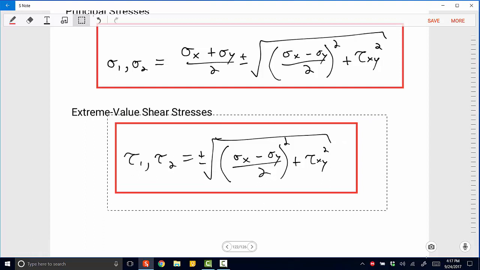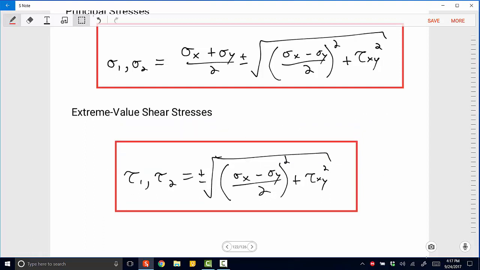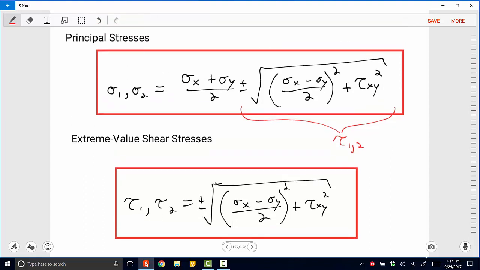So this is a very beautiful relationship, because then we can say that this second term gives us tau 1 and tau 2. So really, if we just remember this first equation for principal stresses, we can very easily obtain our extreme value shear stresses.